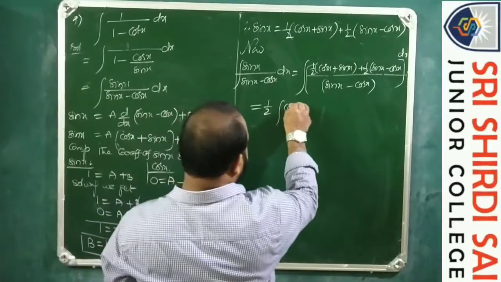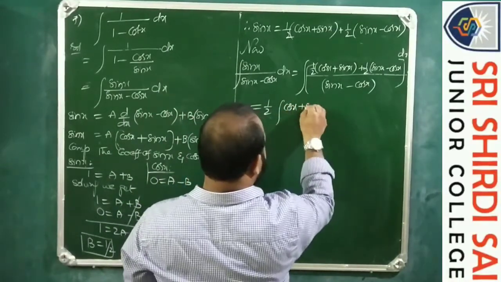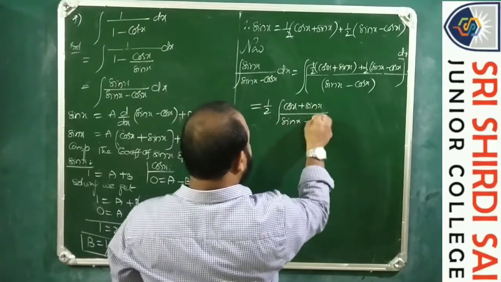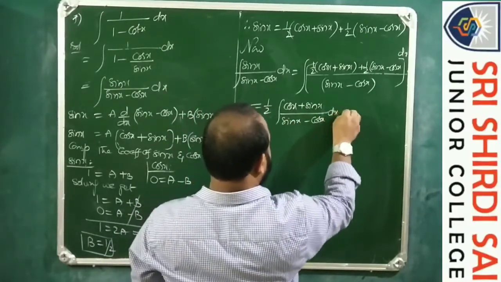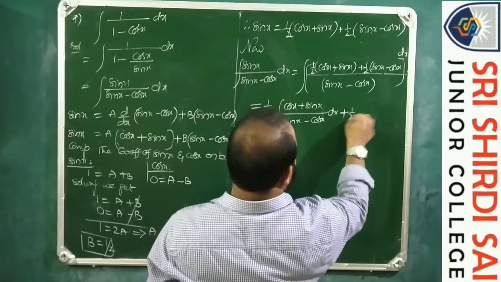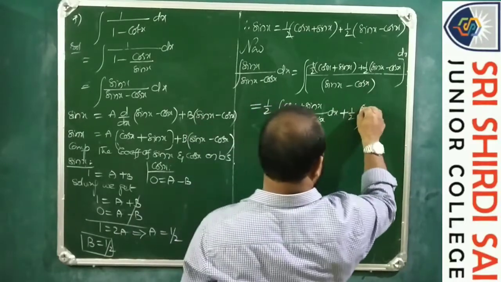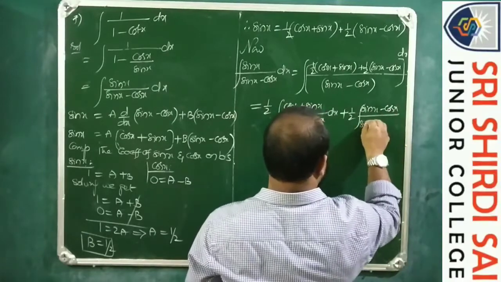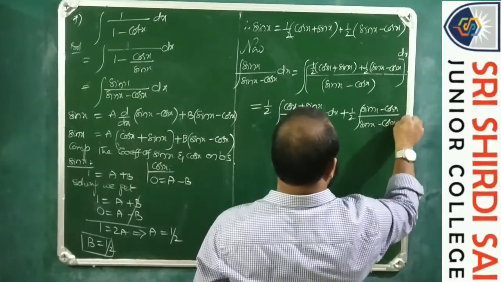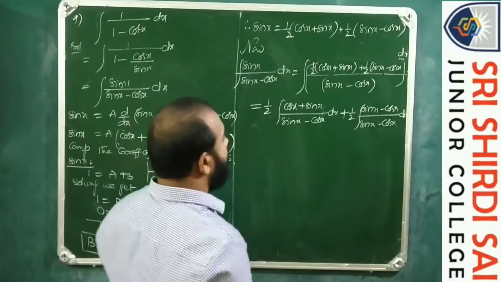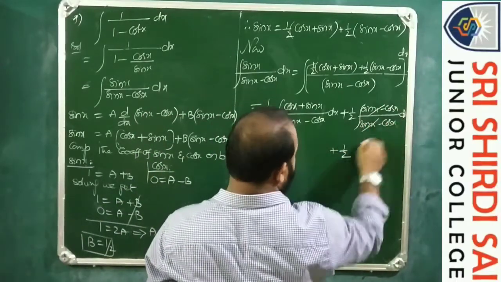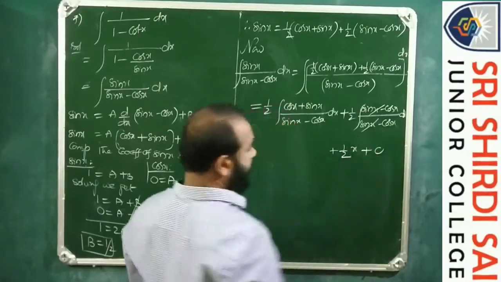So this is the integral of (cos x plus sin x) by (sin x minus cos x) dx plus 1 by 2 times the integral of (sin x minus cos x) by (sin x minus cos x) dx. So these two get cancelled. 1 by 2 times the integral of 1 dx is x plus the constant of integration c.